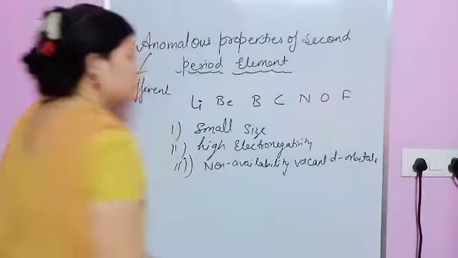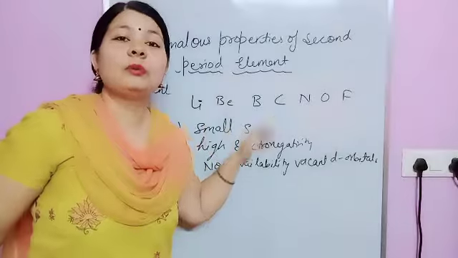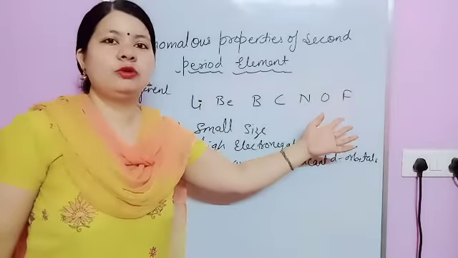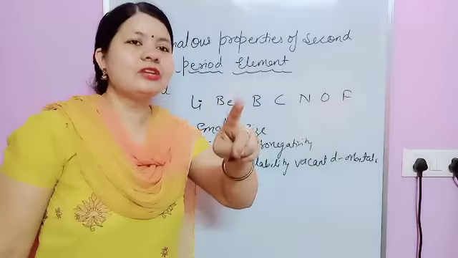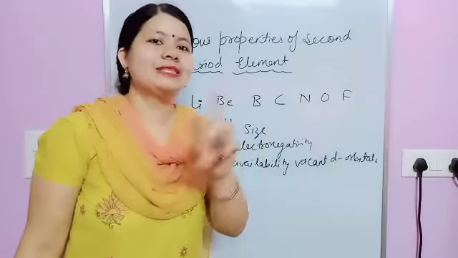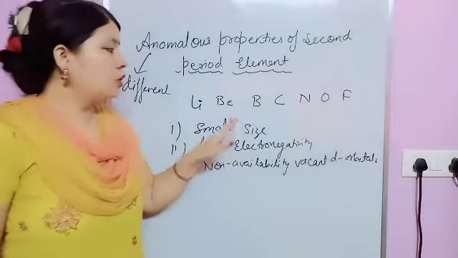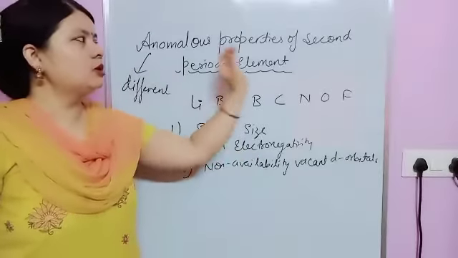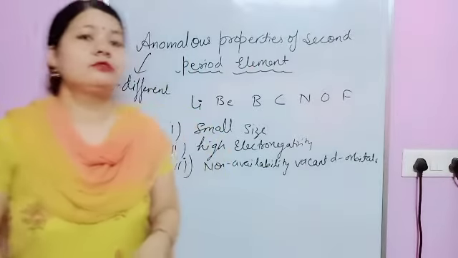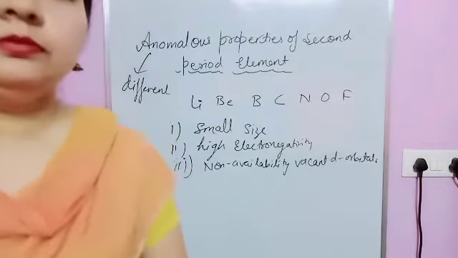Simple thing: there is no d orbital at all, because up to which shell can we fill? Only up to the second shell, and in the second shell, how many subshells do we have? Only s and p. So non-availability of vacant d orbitals. All these are reasons for the anomalous properties of second period elements. Now another thing we have is regarding the diagonal relationship.